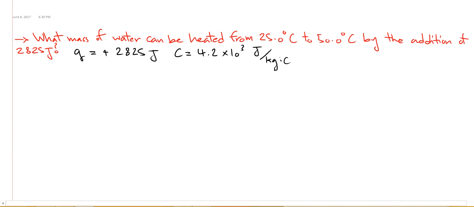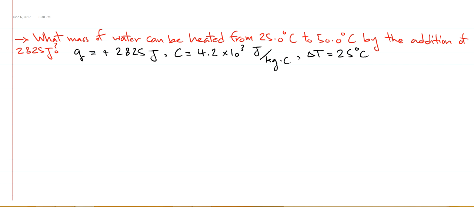Now we need to figure it out by looking at our data table, and my delta T is going to equal 25 degrees, so basically 50 minus 25.